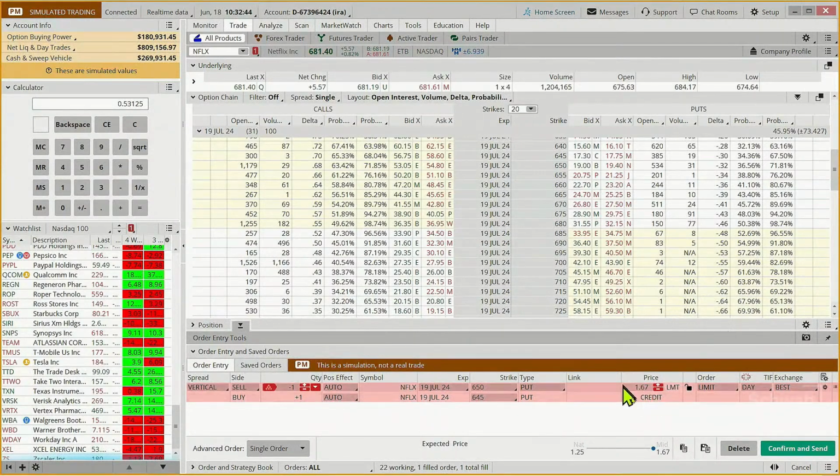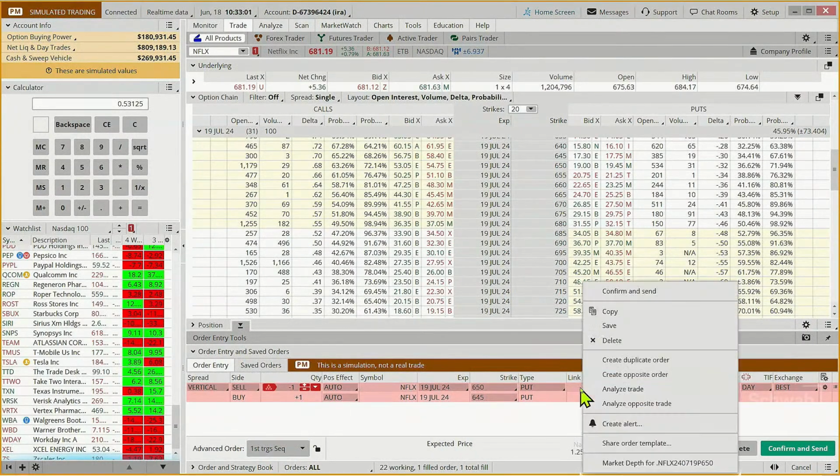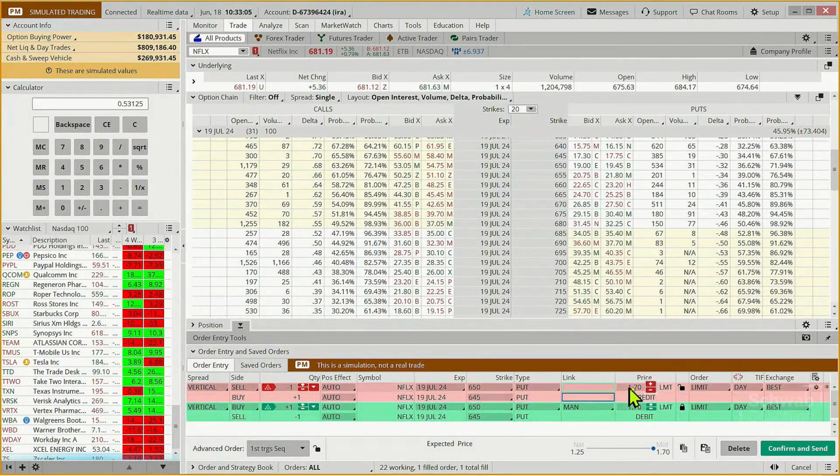And we might say, hey, when I've got 80% of my max gain, I would like to buy this back and take my risk off the table. And so if we come down here to advanced order, where it says single order, we're going to make that a first trigger sequence. We're going to right click and create an opposite order. And I'm just going to take 17 and multiply it by 2.